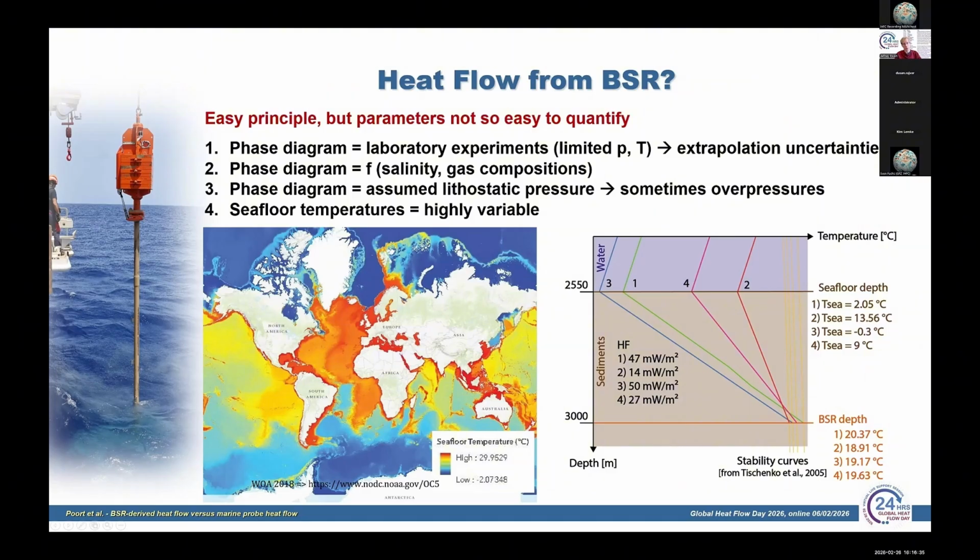And it will influence a lot, as shown by this example with temperatures of different seas, and how you get, in a fictive example, different heat flows for the same BSR depth.